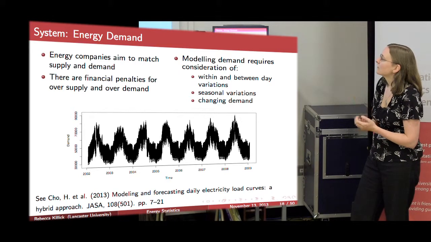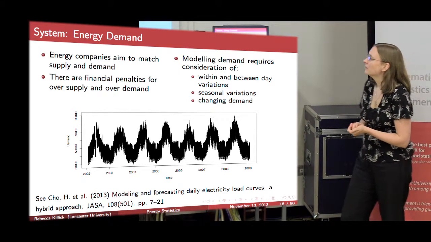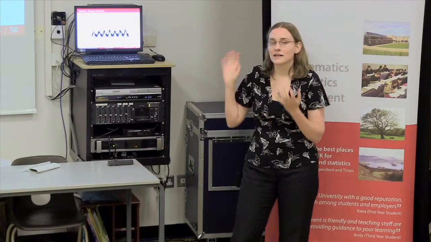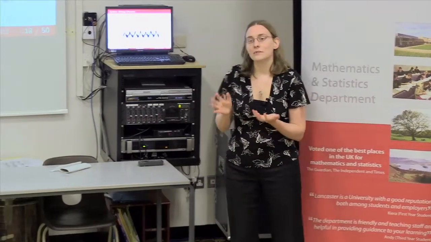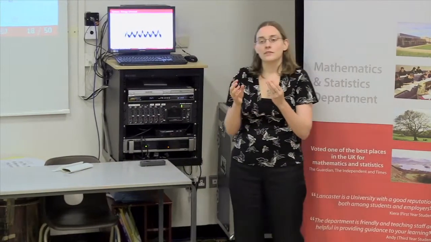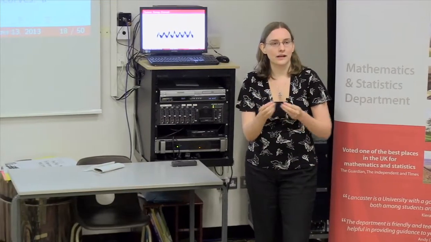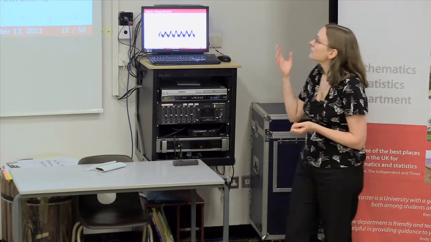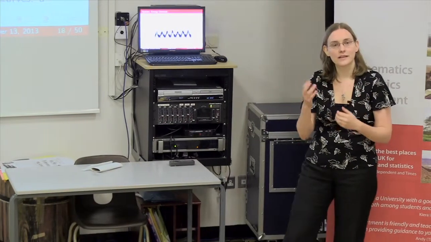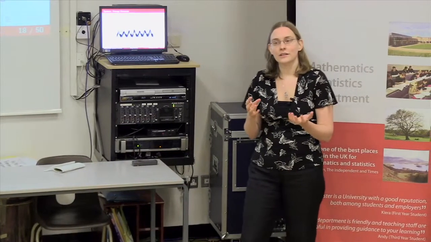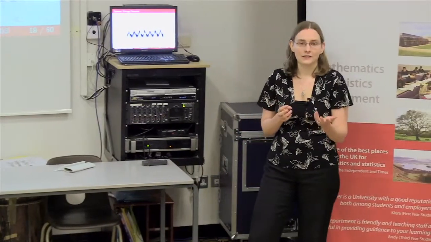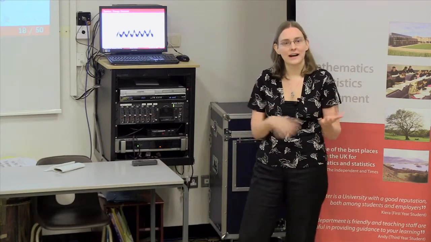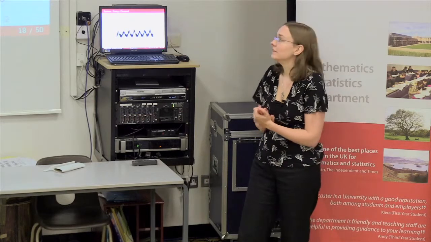There's a paper by Hiran Cho and others this year that can actually model this. There's quite a lot you've got to take into account, because Monday might be different to a Tuesday, and a weekday is different to a weekend. You've got day and night, and seasonal variations of summer and winter. Some autumns are colder than others, like this spring, which was very, very cold, so it was unusually high demand for the time period.